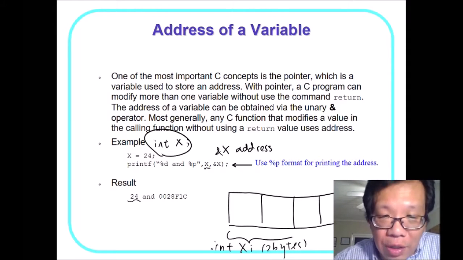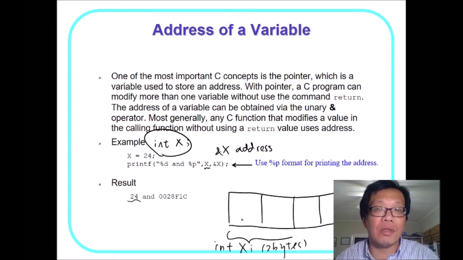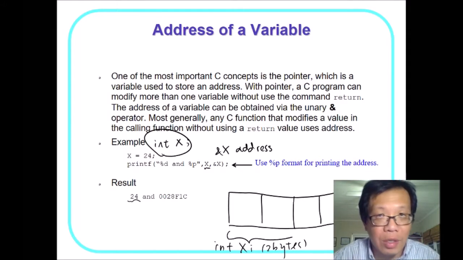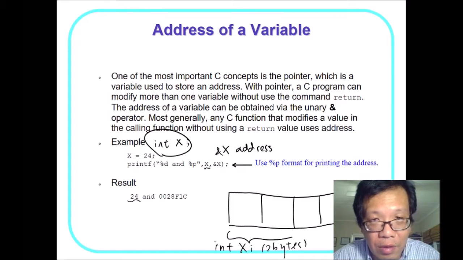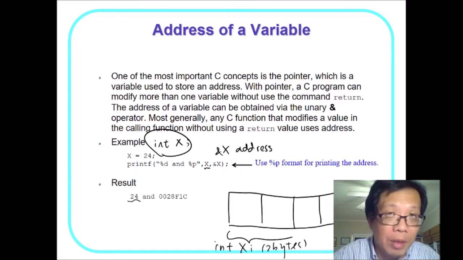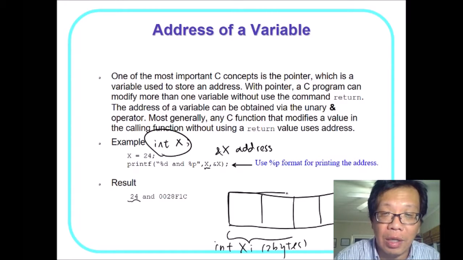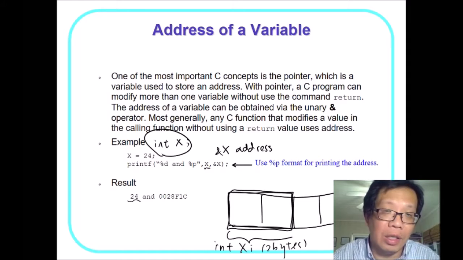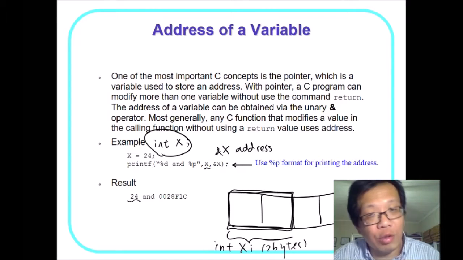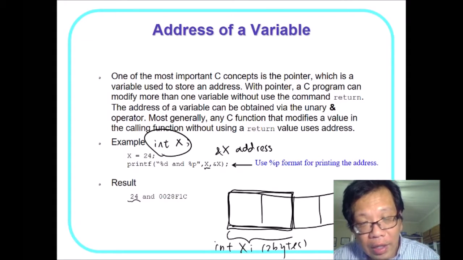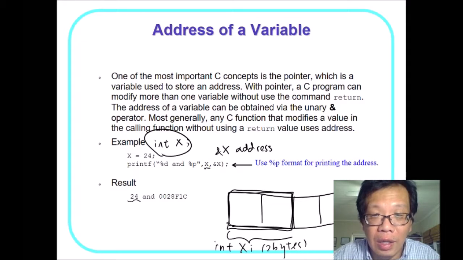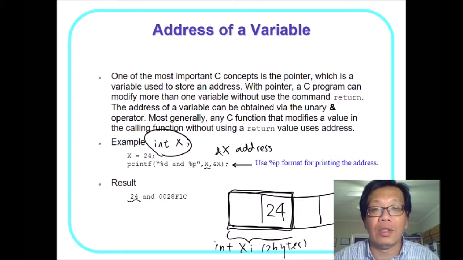So when I start this one, I'm telling my system to reserve a 2-byte space for me so that I can store the number. So the system is going to do that. Then I'm telling the system, okay, put 24 in the space you reserved. So we put 24 over here.